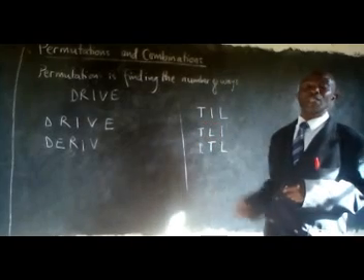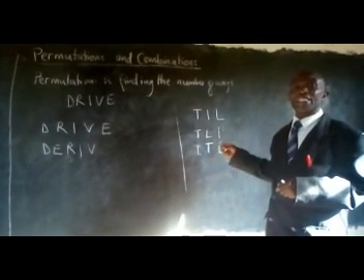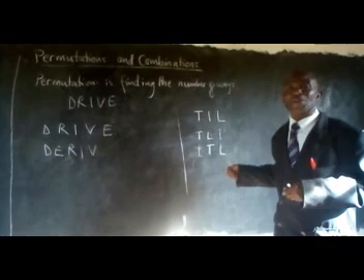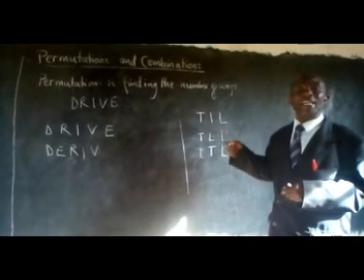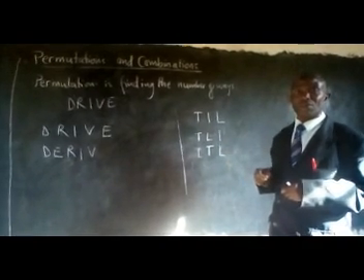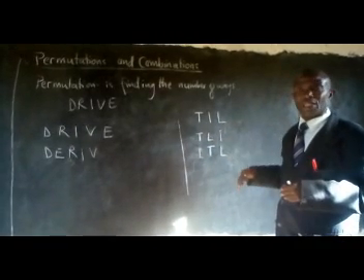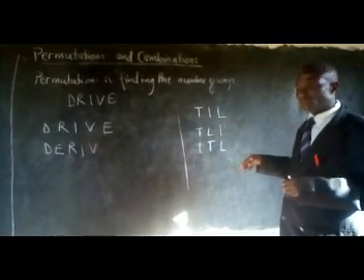The problem with many students is cramming. We are not interested in cramming the formula. We are interested in understanding the term permutation. So if you are able to arrange, then you are coming up to the point.